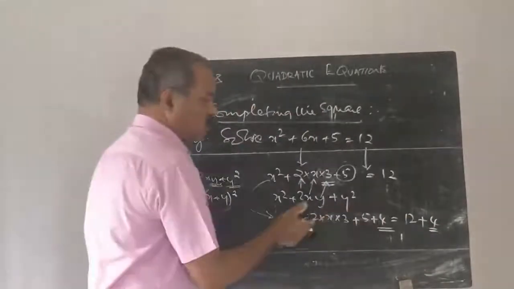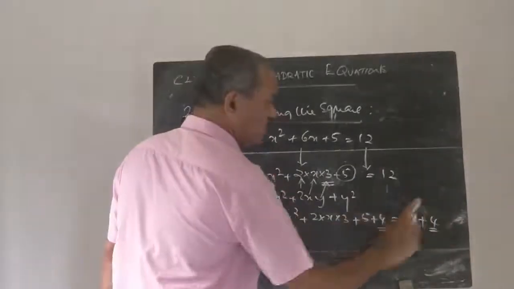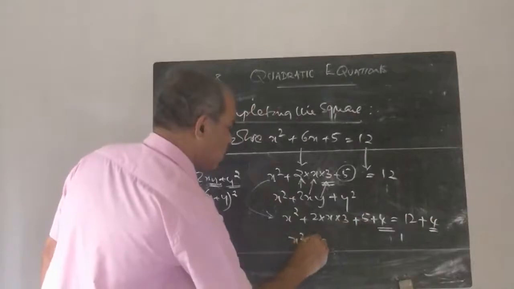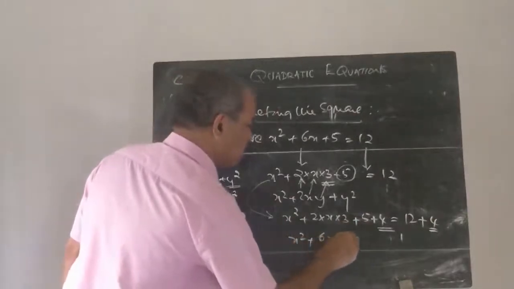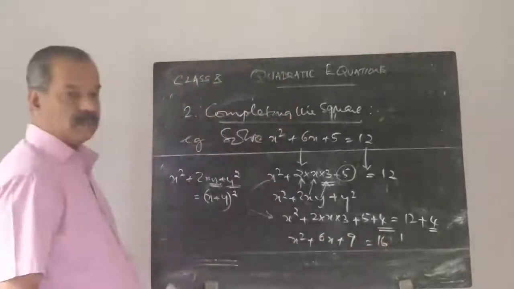When we add 4 to the LHS, we have to add 4 to the RHS also. So this is x square plus 6x plus 9 equal to 16.